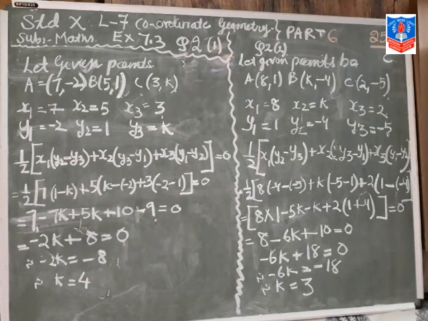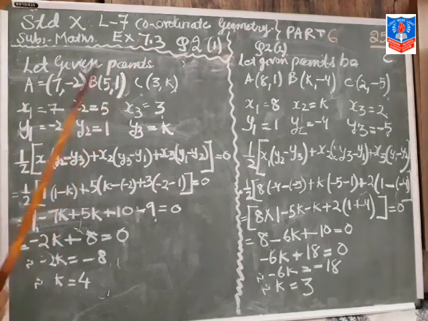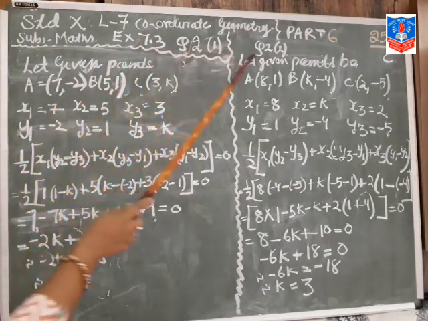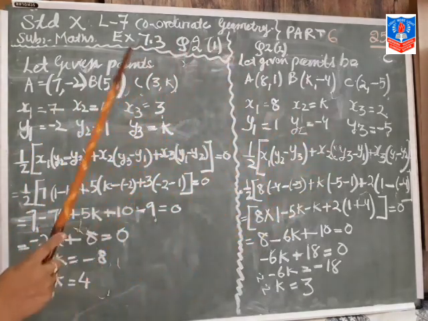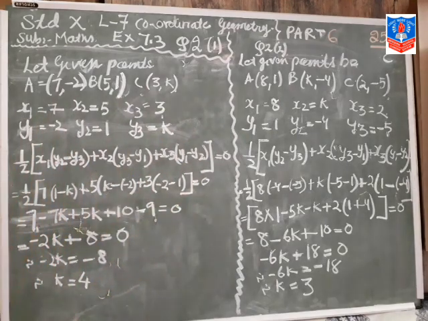If the points are collinear, then the area of the imaginary triangle formed by those points as the vertices must be 0. Clear? This is the second question, but inside it we have 2 parts.